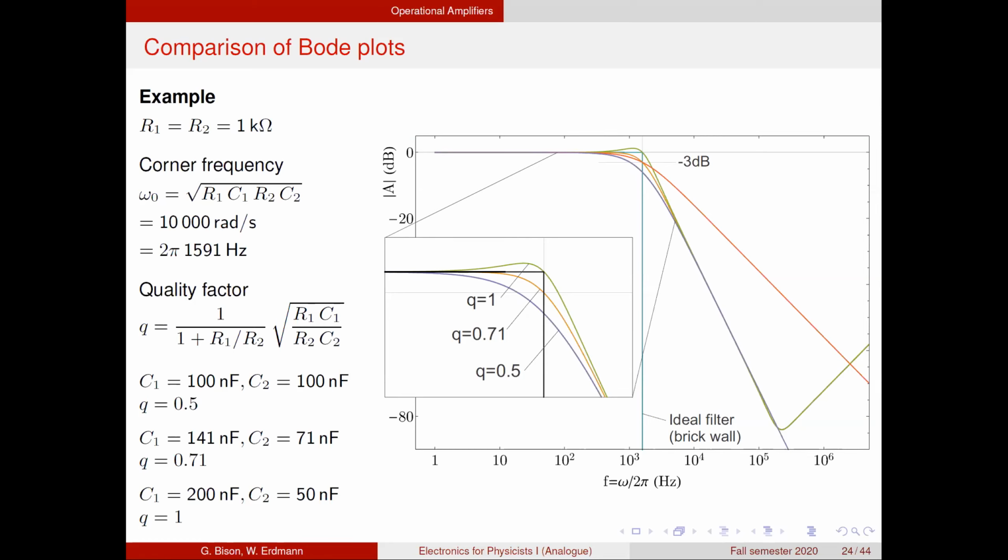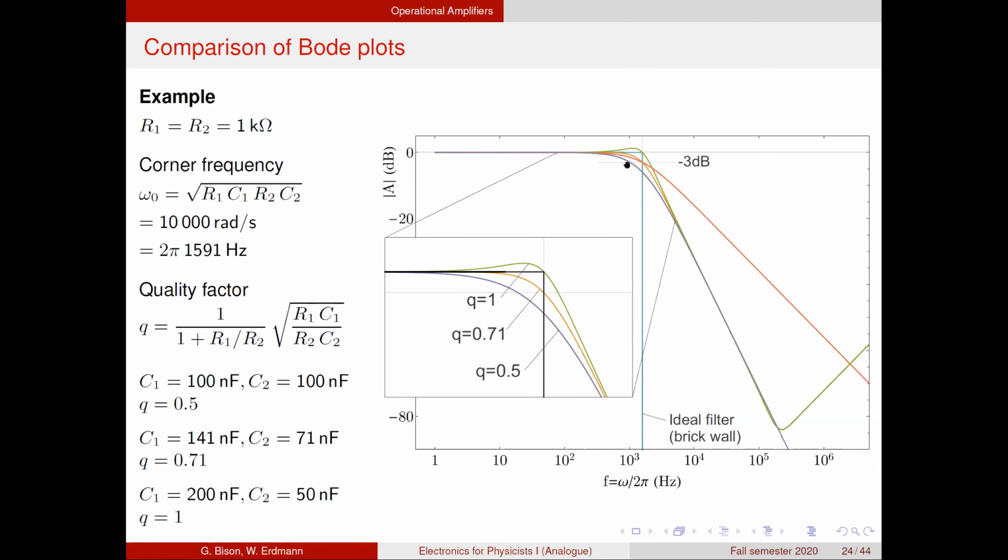So for example, if we make the two capacitors also equal, that's the situation we just saw. This is the second order filter. This gives us a quality factor of 0.5. And this is the lower curve here. So we stay here at small frequencies at gain 1 or 0 decibels amplification.